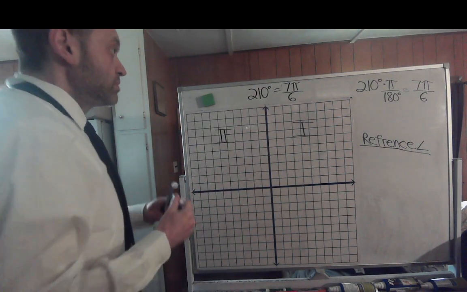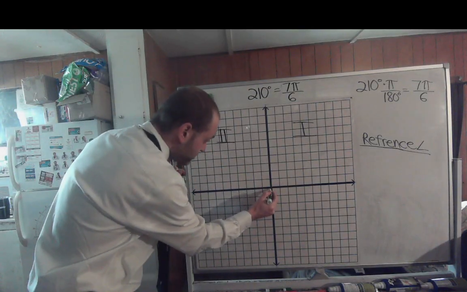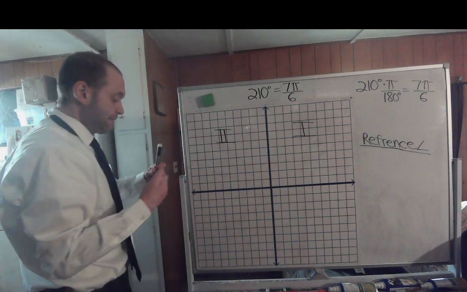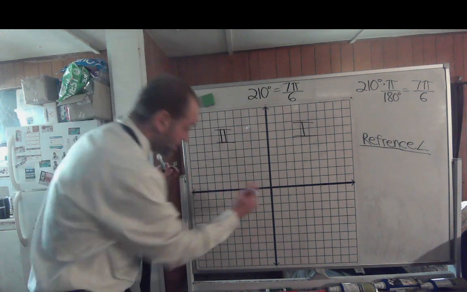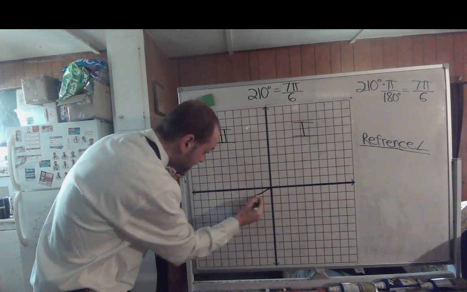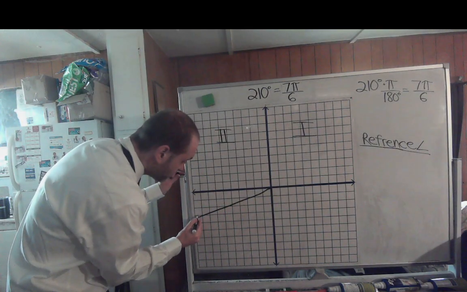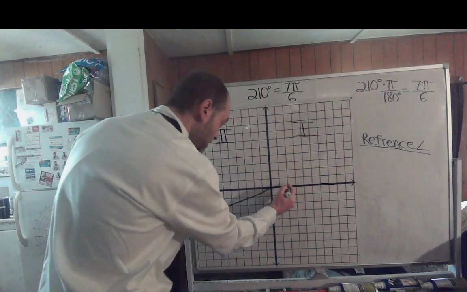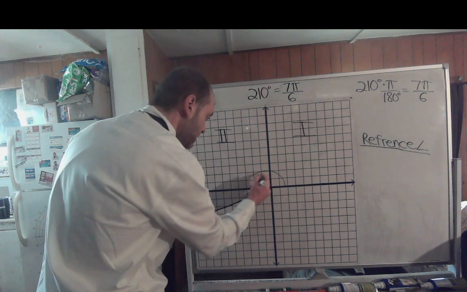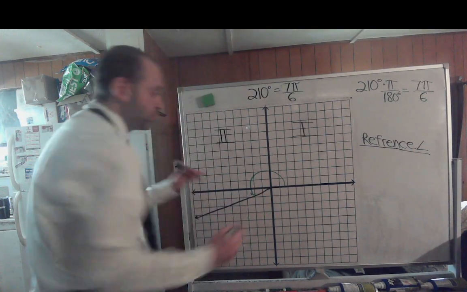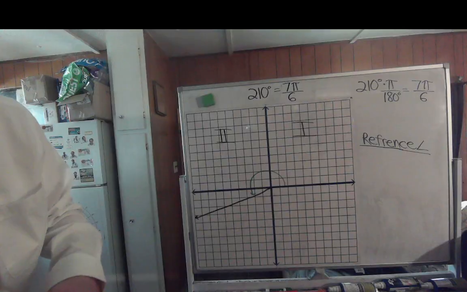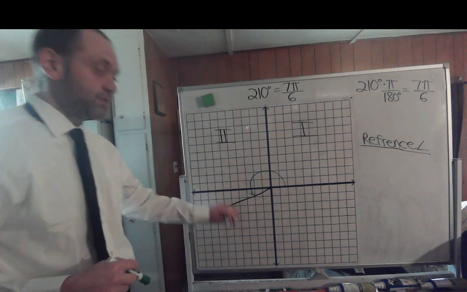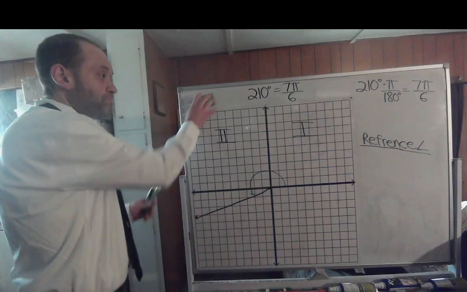So let's sketch that 210 degree angle, which would look roughly like that. Still going counterclockwise because it's a positive angle, so there's about what you end up with. So yes, this is proof you can have greater than 180 degrees.